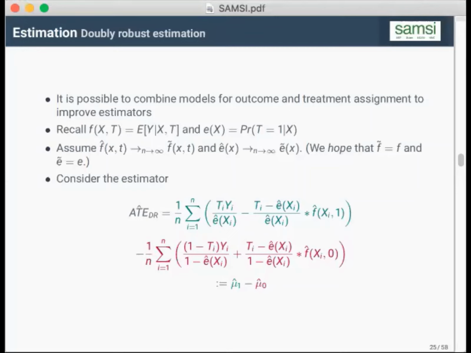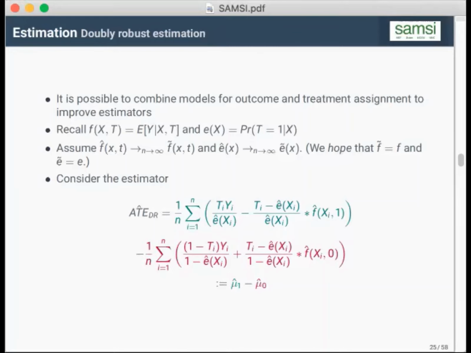So now that we've talked about outcome regression approaches and propensity score based estimators, we're going to talk about how we can combine an outcome regression model and a propensity score model to the advantage of the estimator's accuracy.